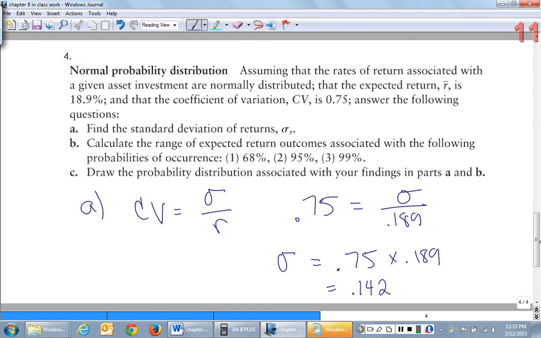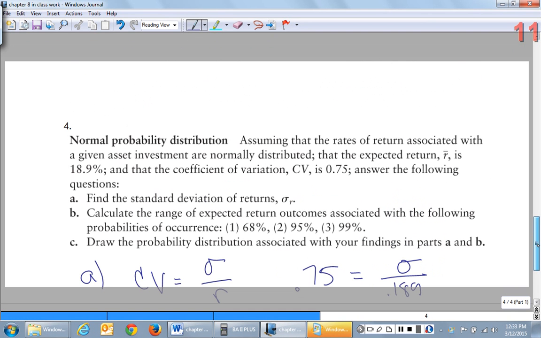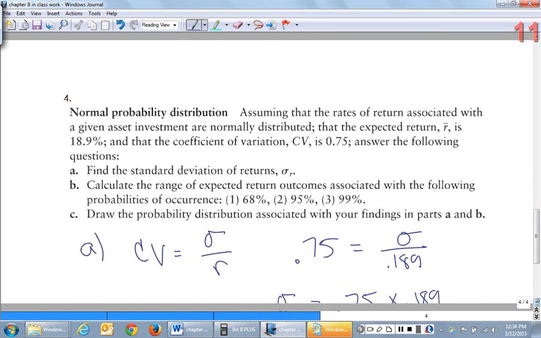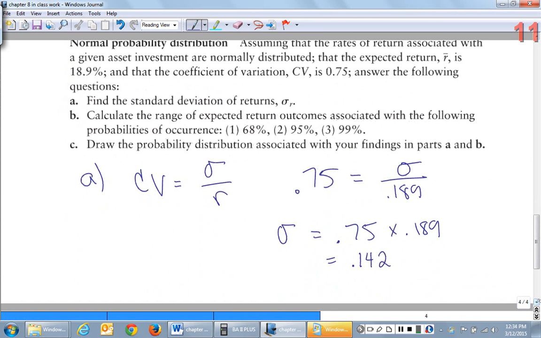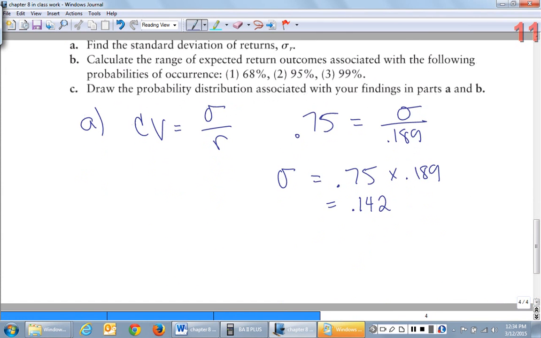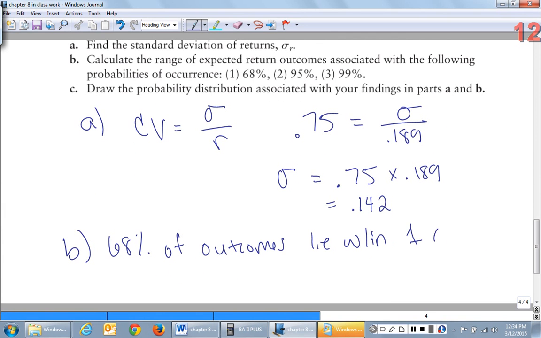So part B asks to calculate the range of expected returns for different probabilities of occurrence. So first we're looking at calculate the range if we want to be 68% certain that our answer is correct. So part B. 68% of outcomes lie within 1 standard deviation of the expected return.